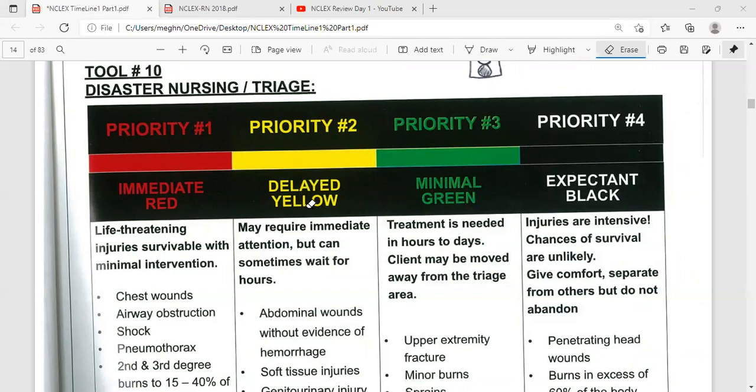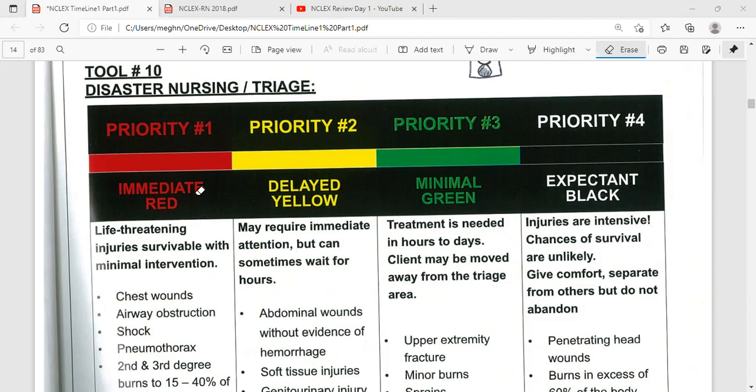So if you delay, your patient will not die. Priority three, minimal help they need, they can wait. It is green. And priority four, expectant, they will die, whatever you do. So if you are late or if you give your maximum time, although they will die. So it is expectant and it is black.